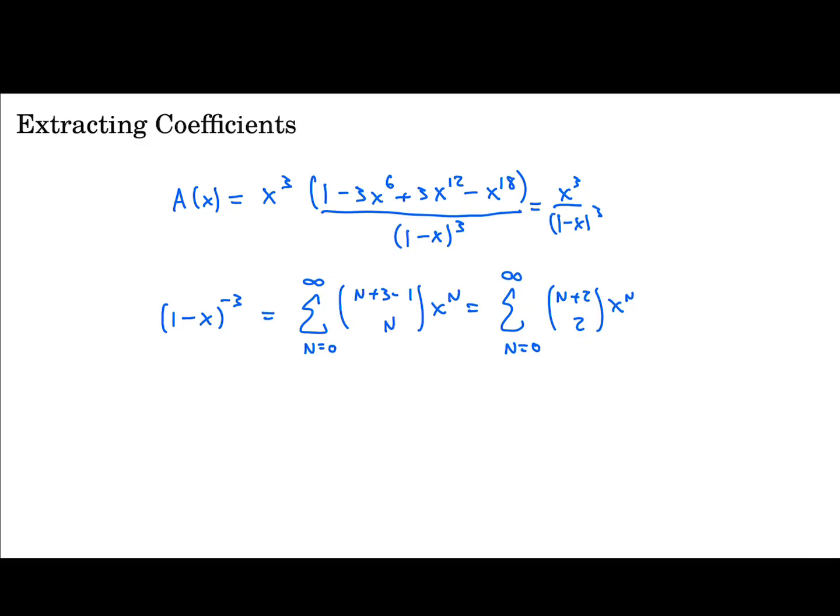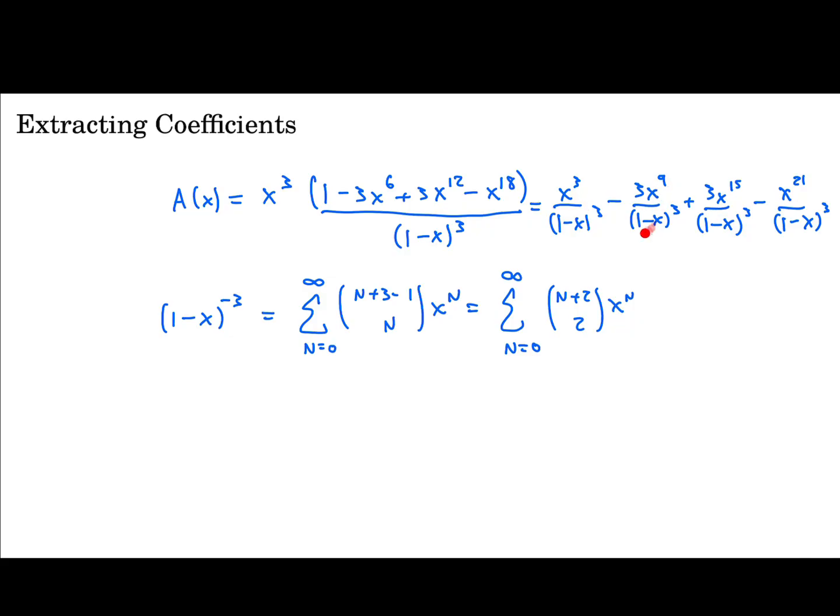We're going to have minus 3x to the 9 over 1 minus x cubed, plus 3x to the 15 over 1 minus x cubed, minus x to the 21 over 1 minus x cubed. And so we need to be able to compute all of these, right?